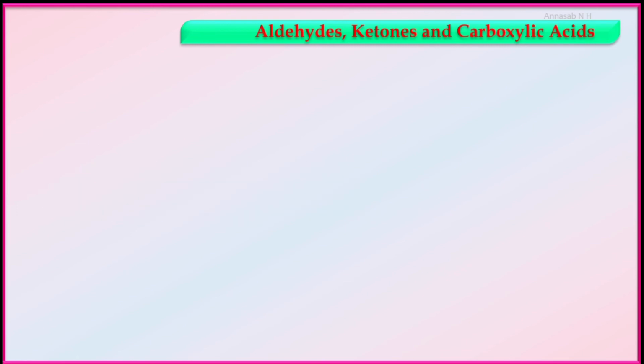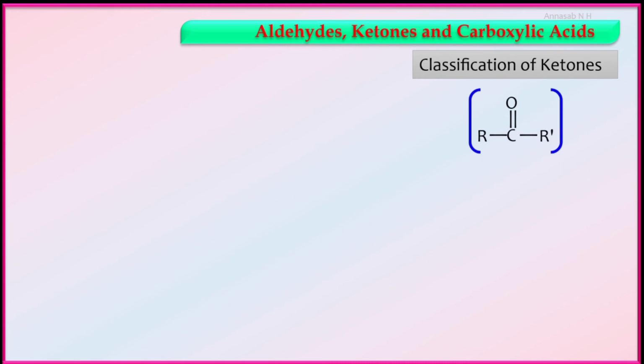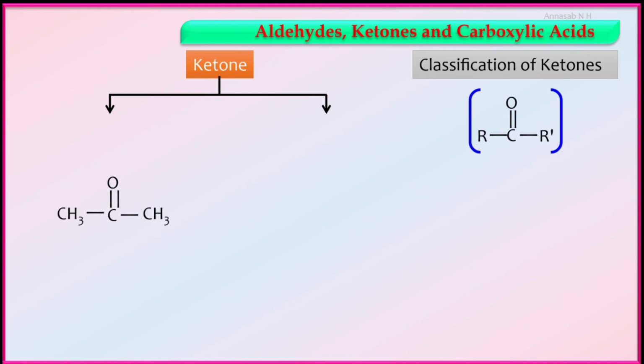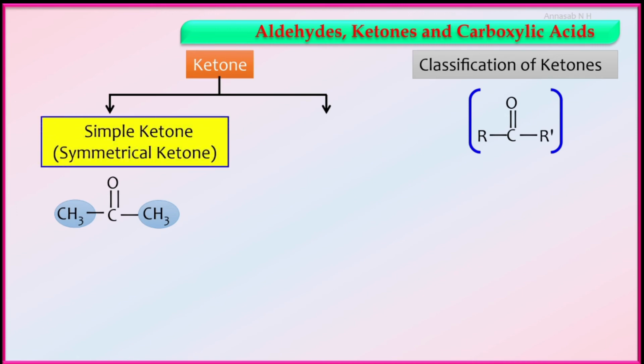Moving to classification of ketones, depending upon the substituent groups R and R dash attached to C double bond O, there are 2 types. First, CH3 C double bond O CH3, where R and R dash are both the same, known as simple ketones or symmetrical ketones.